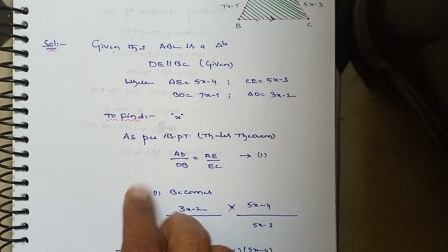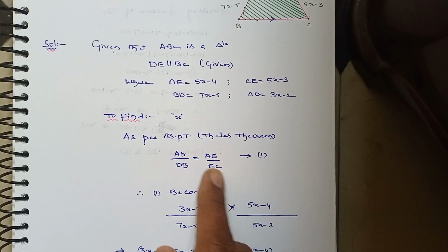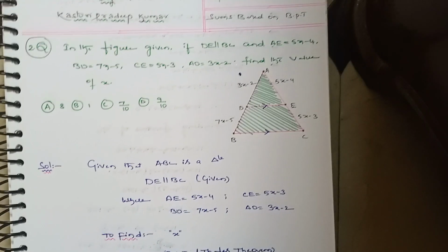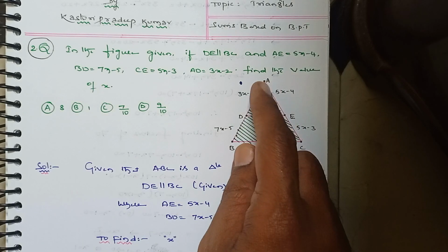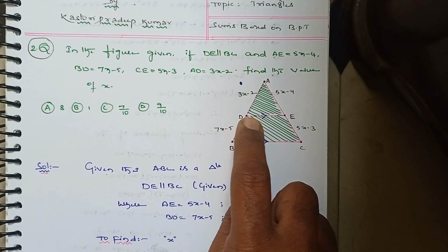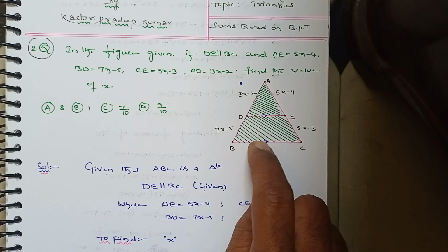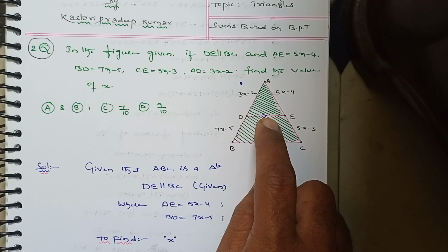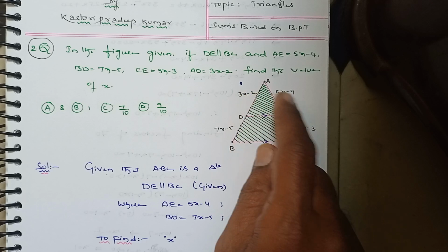So as per B.P.T, basic proportionality theorem or Thales theorem, we call both the same. What this theorem states: if a line is drawn parallel to one side of a triangle, it divides the other two sides in the same ratio.